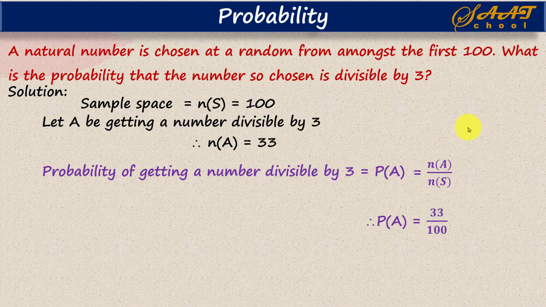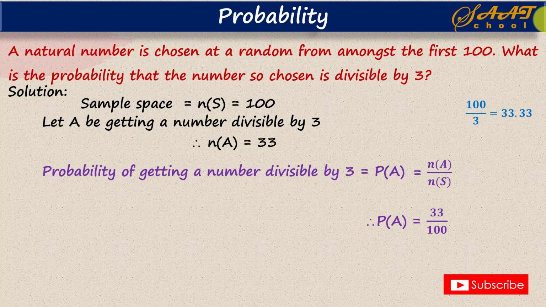Again, now the question is how you know this n(A) is 33. You can easily know this 100 is from here, because you are asked to find from among the first 100. So this 100 represents the sample space. Now, n(A) is 33. Simply, you divide 100 by 3, and that results in 33.33.